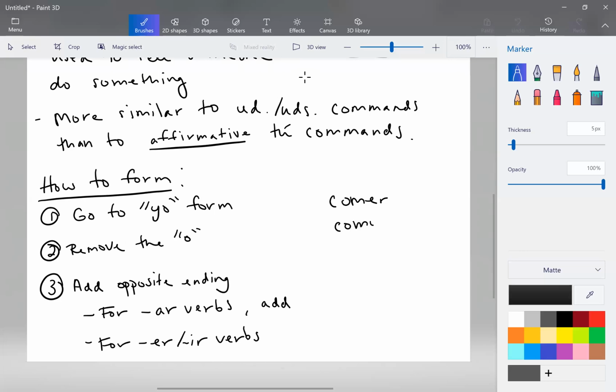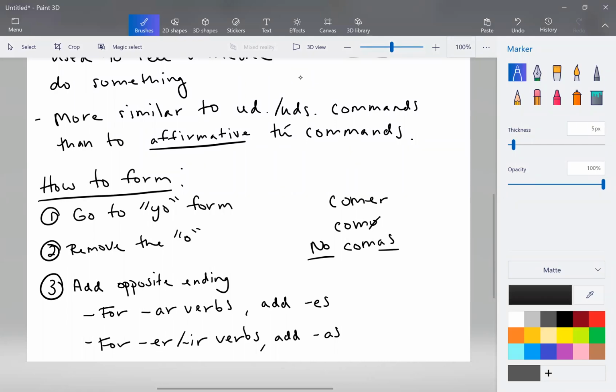Then the yo would be como, right? And when we take away the O, and then what? You replace it with A. Not AO, but AS, right? So that's an ER verb. So we're going to add AS for ER verbs, and for AR verbs, ES. And this would really be no comas. Don't eat.